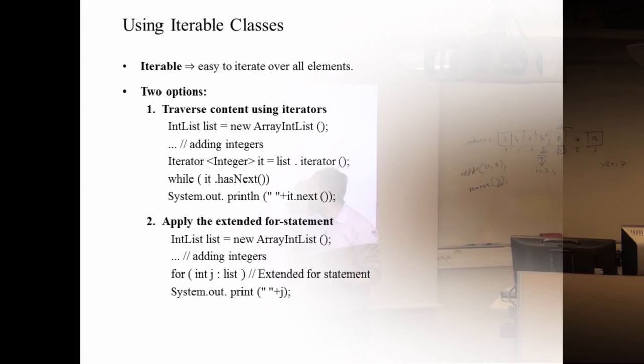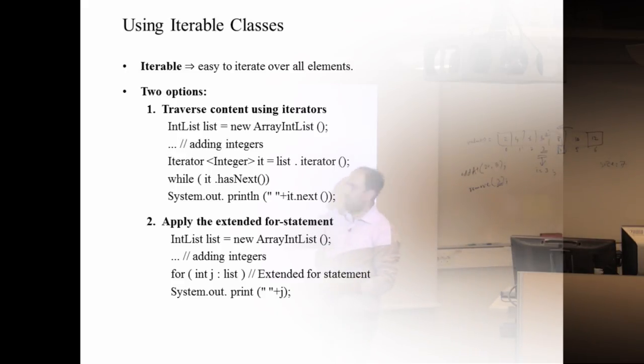And the other way is that you can use the for each loop, which is a modified form of a for loop. However, for both of these methods to work, it's required that the data structure or your collection should be implementing the Iterable interface. Otherwise, you will not be able to use either of these two options.